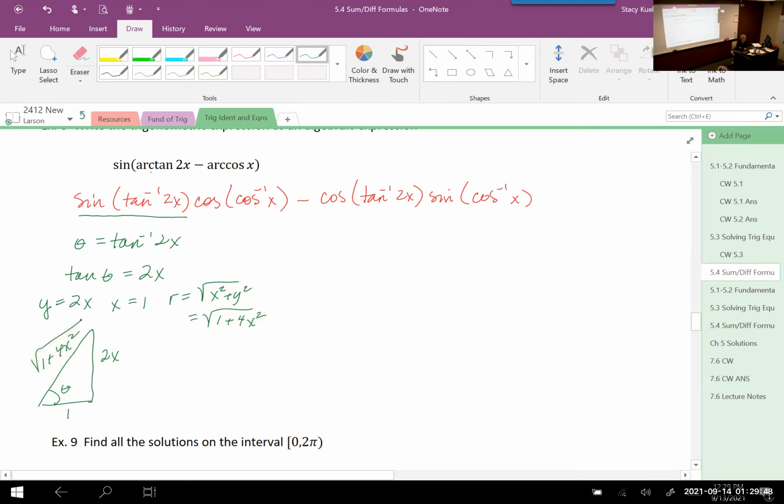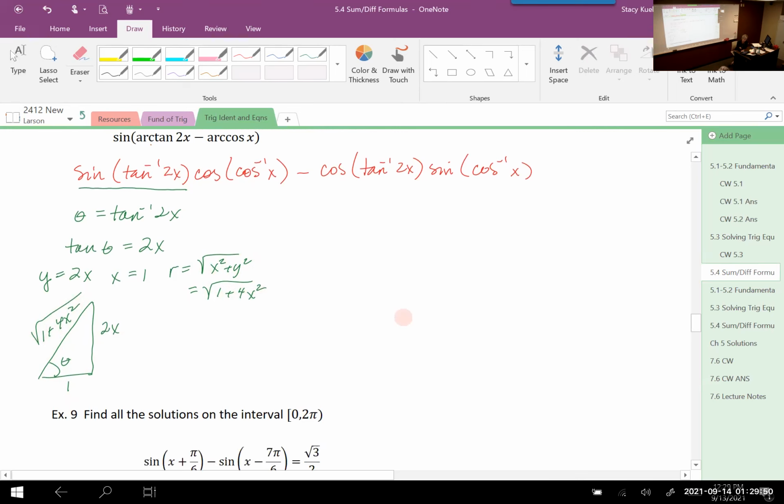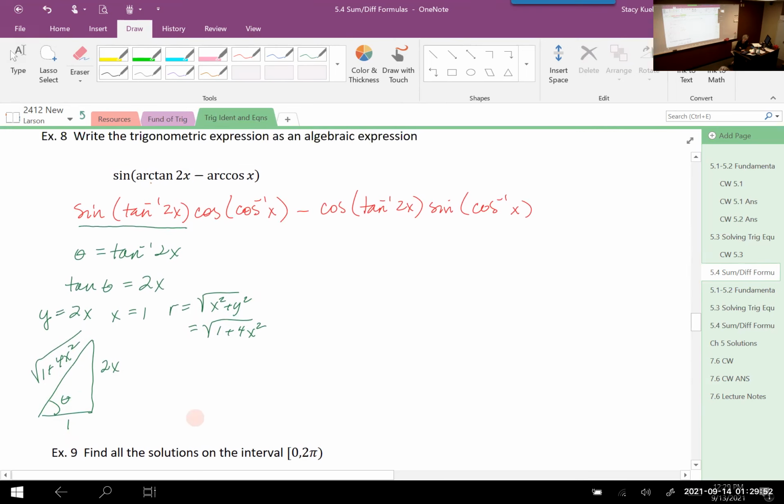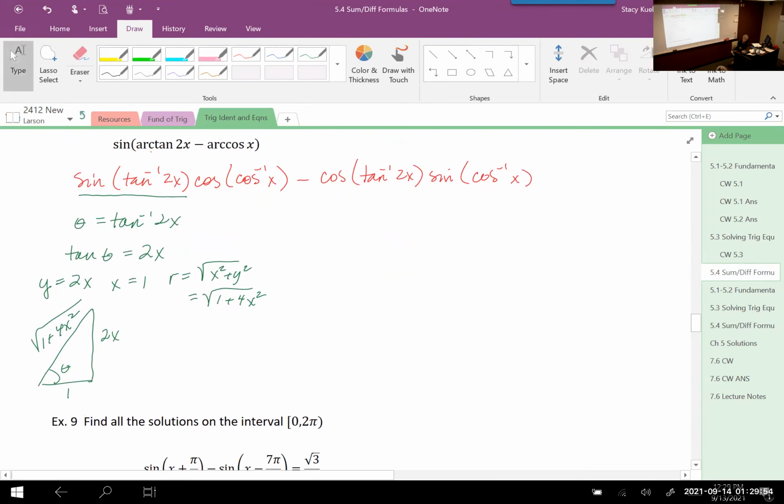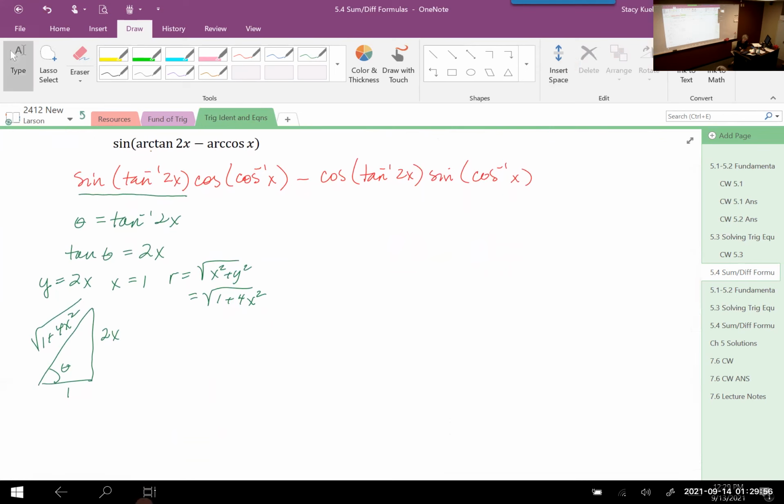Correct? Okay. So that tells me that when tangent of theta is equal to 2x, I have horizontal, vertical, and diagonal components that can be drawn like this.